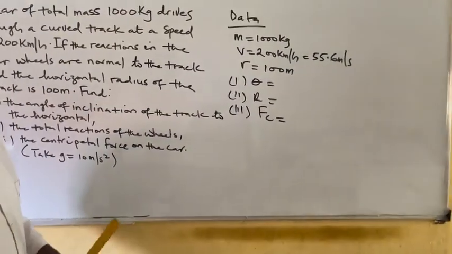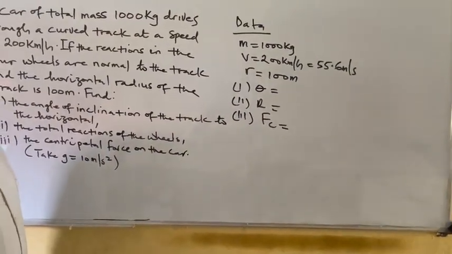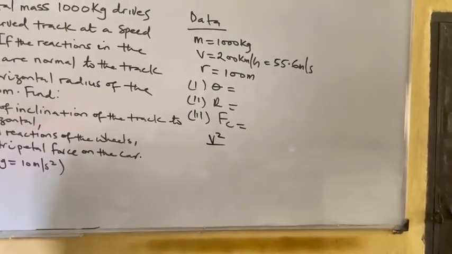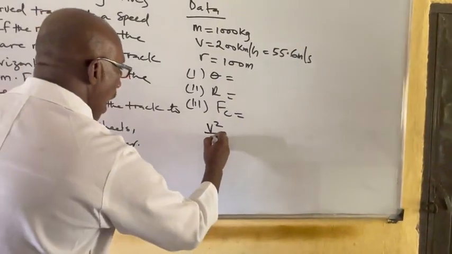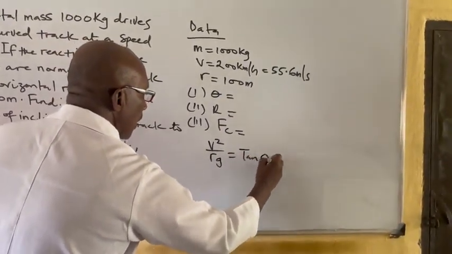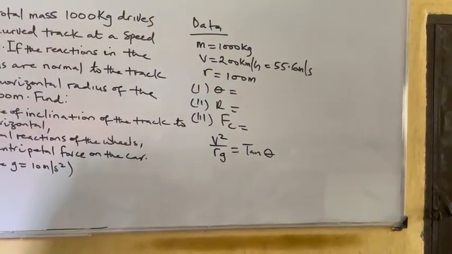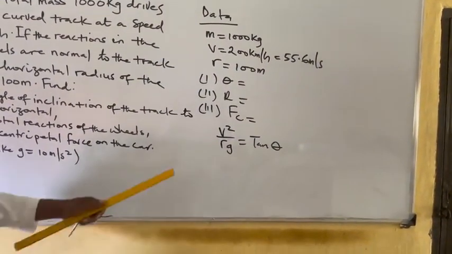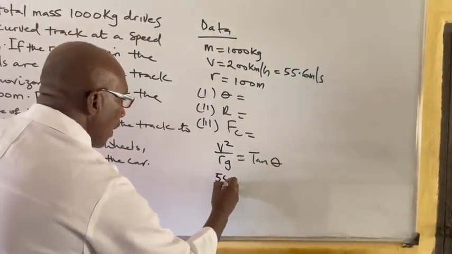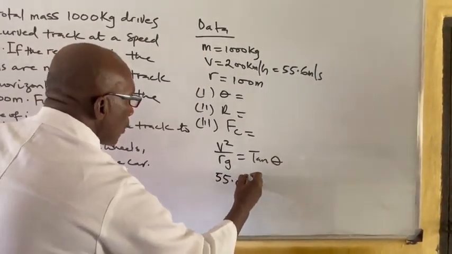Now let's see. From our formula, we are able to derive V squared over RG is equal to tangent theta, the angle of inclination or the banking of the track. Now, our V is 55.6 squared.